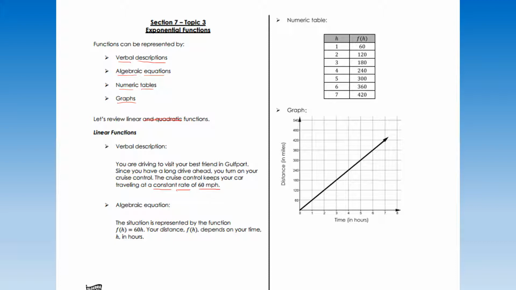So then we can take that description and write an equation. The two things we're comparing are the number of miles and the number of hours that we're driving. Since the distance in miles depends on the time, that's my function. So the miles are a function of the hours.